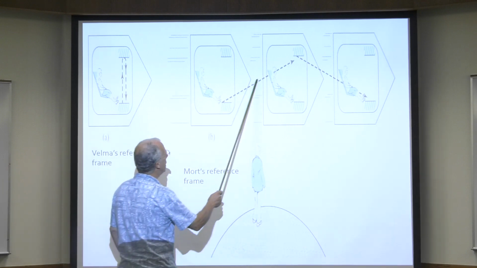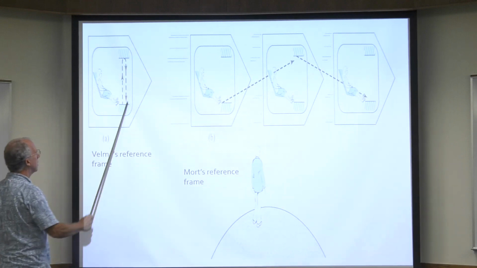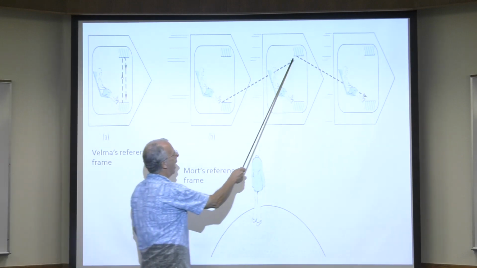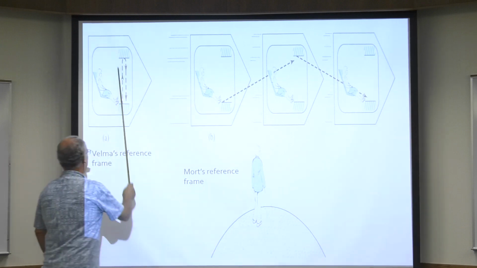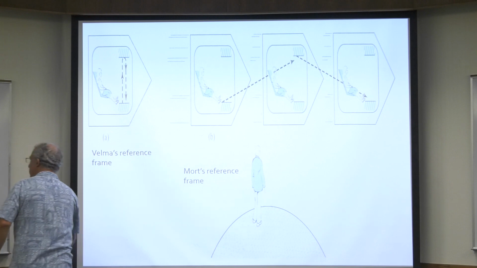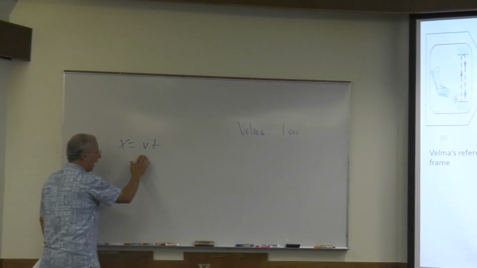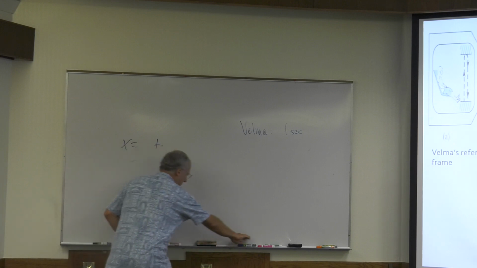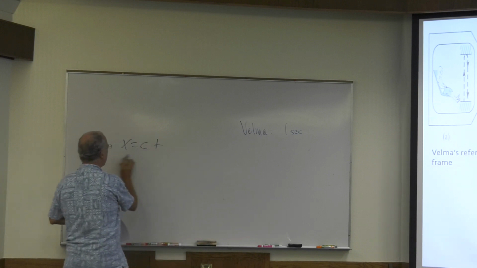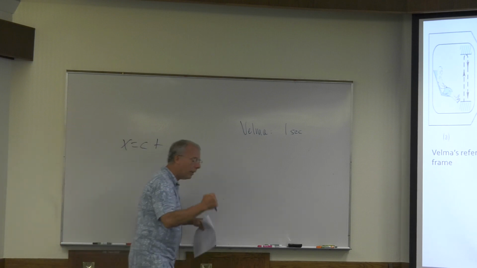So if this distance is greater, according to Mort, doesn't this time have to be longer than 1 second? Of course. Distance equals speed times time. The distance that Mort measures is much longer than the distance that Velma measures. The speed of light is the speed of light. Here, let me put a c here. So the time that Mort measures has to be more than a second.